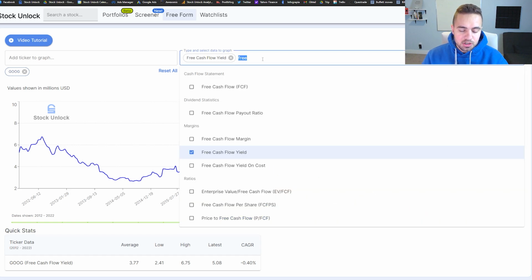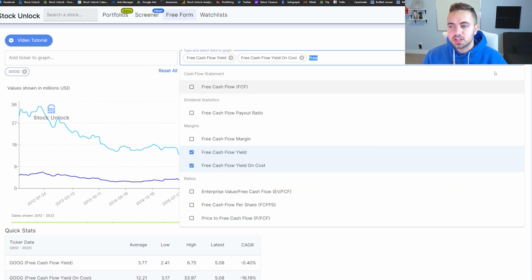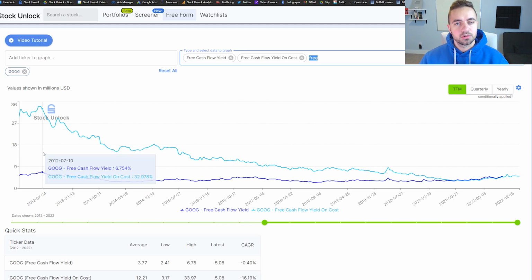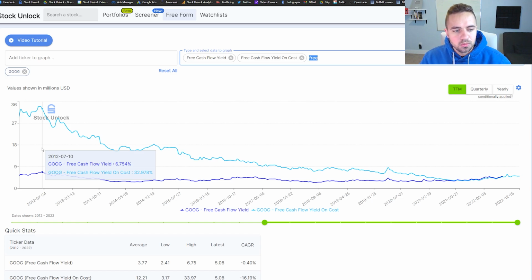Now what's also interesting is if we go to Google's free cash flow yield on cost, this shows us what our free cash flow yield would be today based on when we bought Google historically. Because remember, if we're buying a stock and then the underlying business continues growing over time, then our yield on cost will increase. So for example, back here in 2012, if I was buying Google stock, then the free cash flow yield would have been 6.75% at the time of buying the stock. However, Google has grown massively over the past decade.